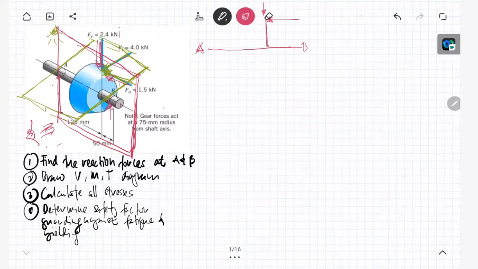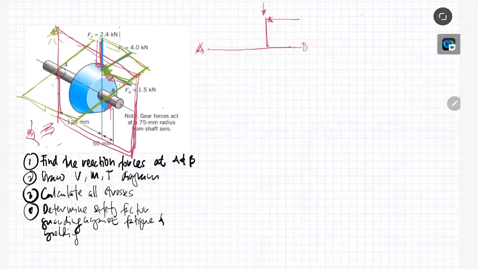So this force and this force. So this 1.5 and this is 2.4.